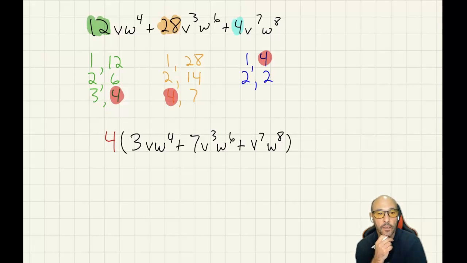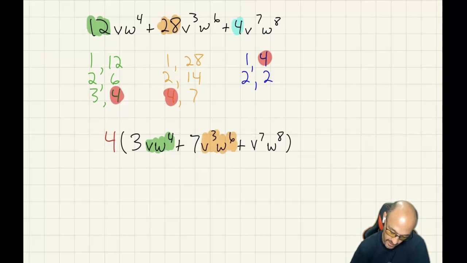Okay, great. So now I'm going to look at the vw to the 4th, and I'm going to use the same colors here for those terms that I did above. v cubed w to the 6th, and v to the 7th w to the 8th.